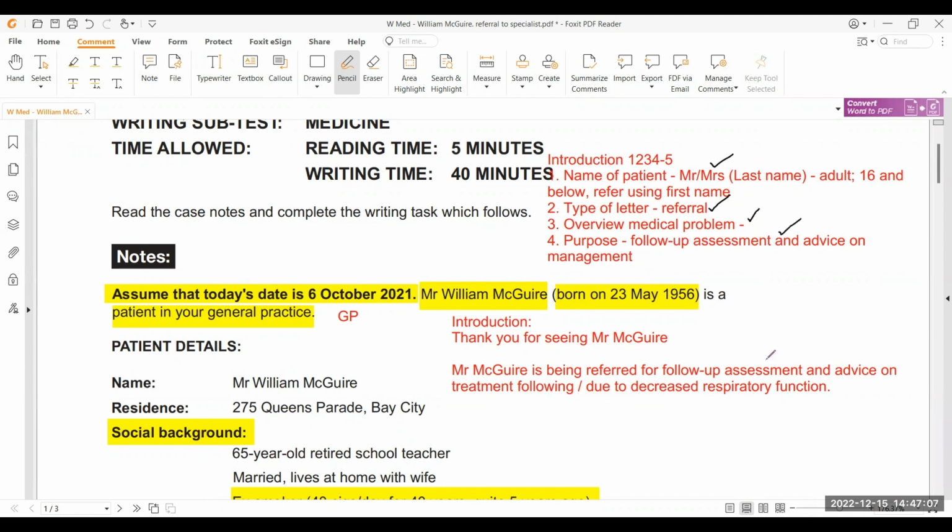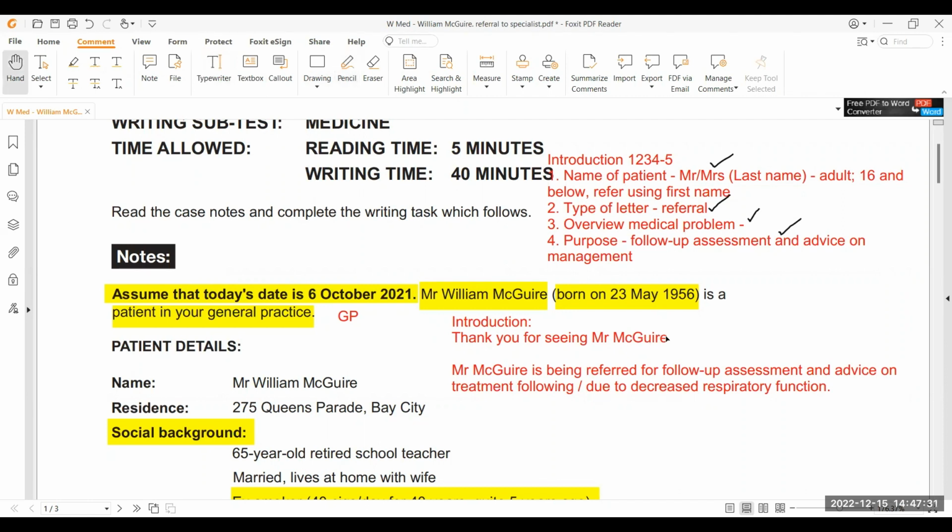So far, so good. You okay with that, doctor? Yeah, and it's quite short as well. It's direct to the point. Still polite. Right. Now, Dr. Seifa, would you like to have a go at the introduction?